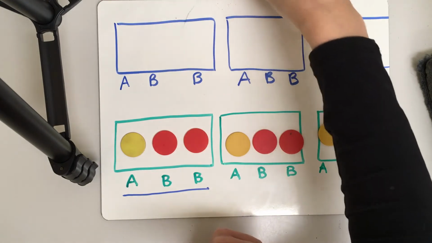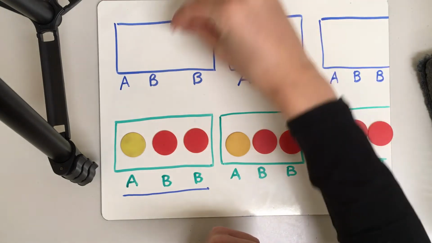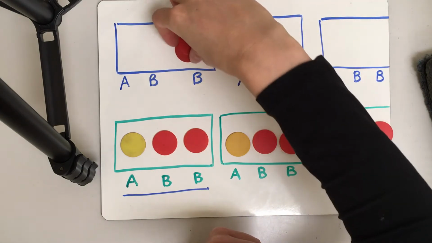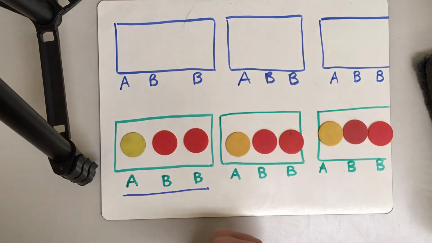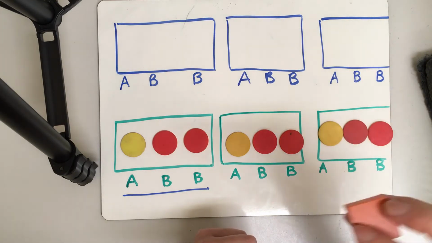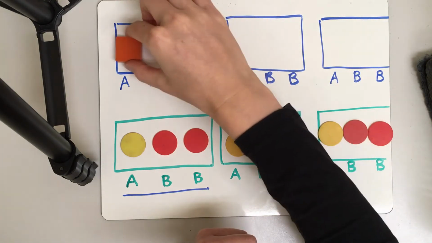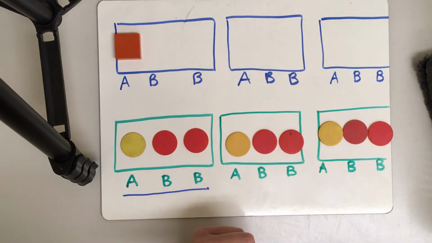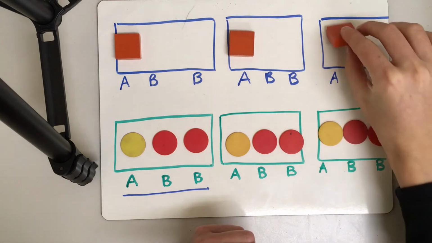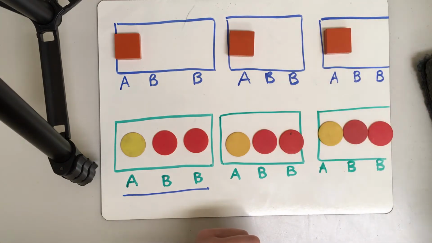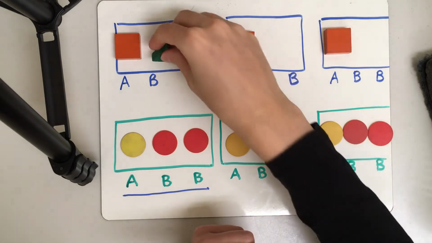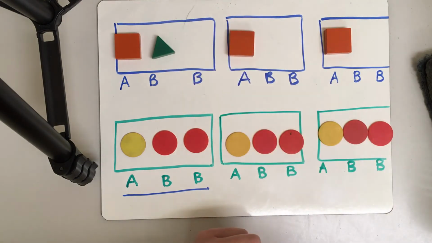This time I won't be using yellow and red circles because I want to show the pattern a different way. Not the same as before. So maybe this time I'll use shapes. I'll use squares to represent A. And let's see, I'll need something else to represent B. I have some triangles.